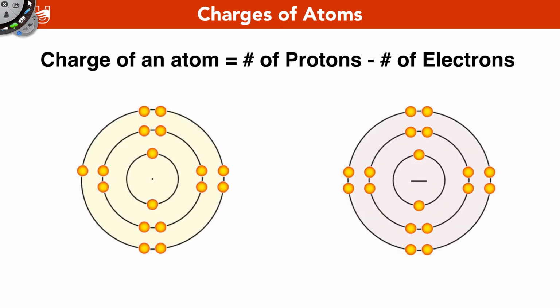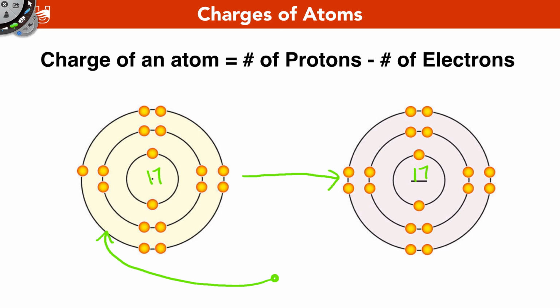Now previously, again, we said that electrons move, right? Sometimes an atom can take on an electron, sometimes it can lose an electron. Well, here what's happened is an electron has been acquired by this atom. So now we have 17 protons in the center here. But the difference between what you see on the left and right is what on the left has gained an electron and become this.